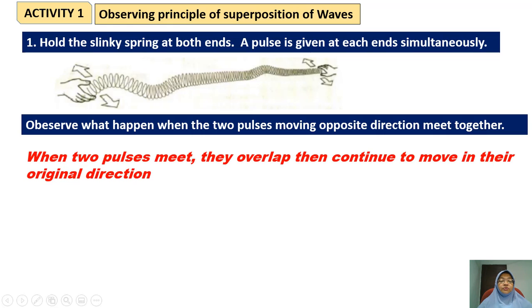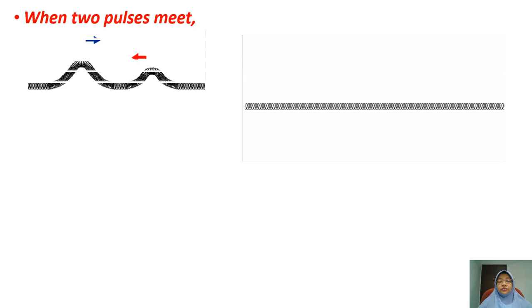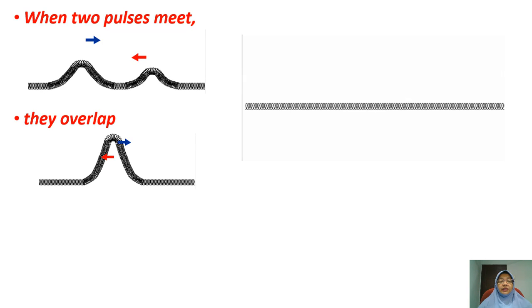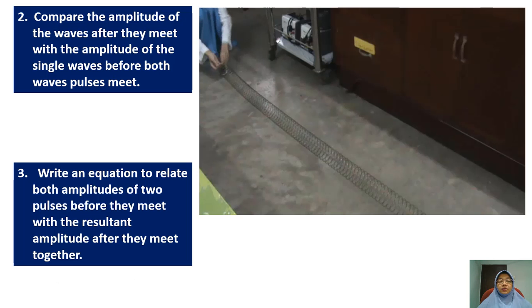When the two pulses meet, they overlap, then continue to move in their original direction. We can see here from the video. Now we can compare the amplitude of the wave after they meet with the amplitude of the single wave before both wave pulses meet.